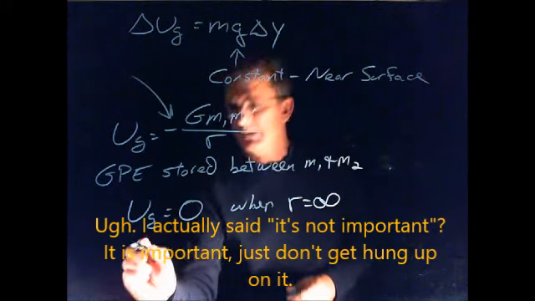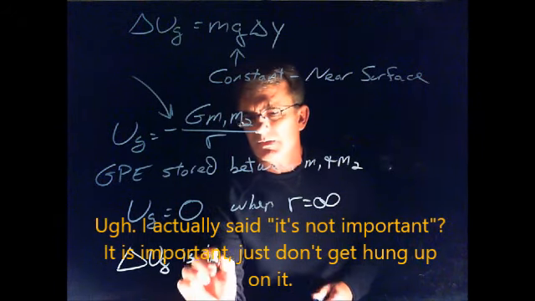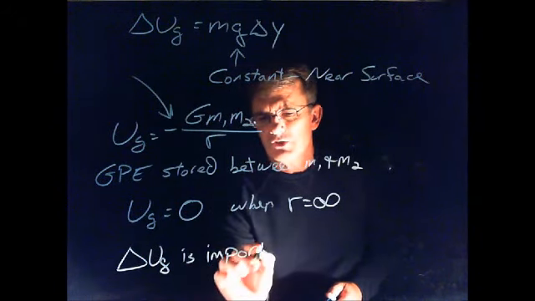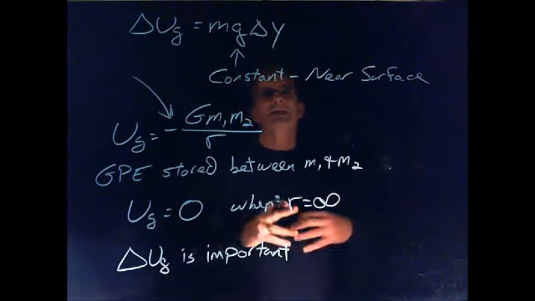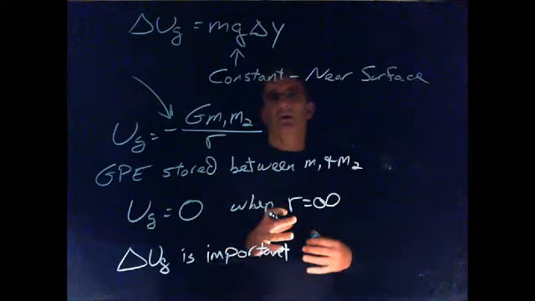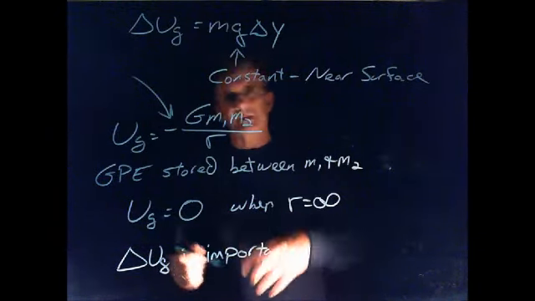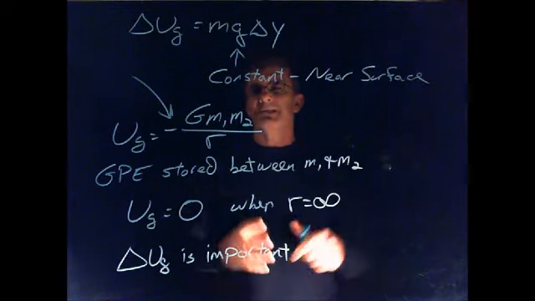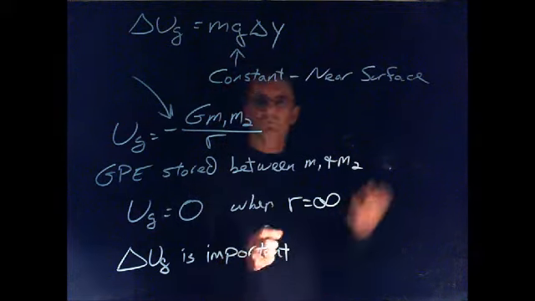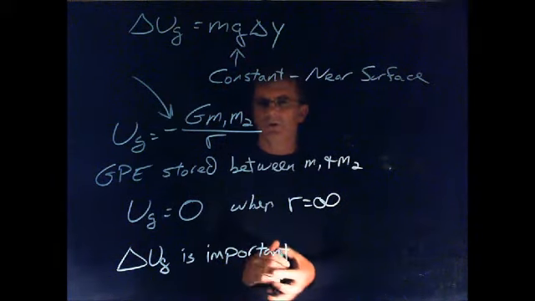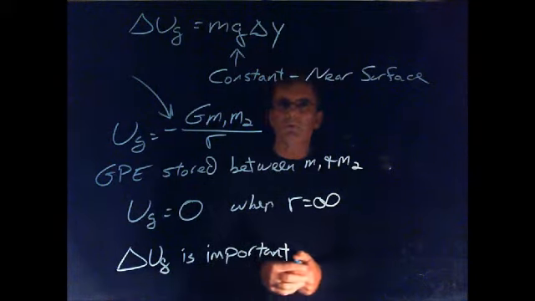What's important is the change in gravitational potential energy. If the change is positive, we did some work. If it's negative, the object did some work, or the gravitational field did some work. And so it's this change that's important.